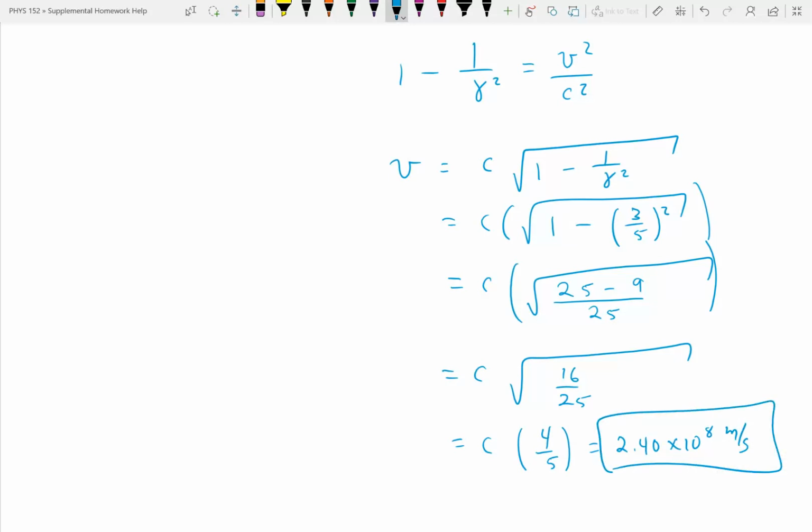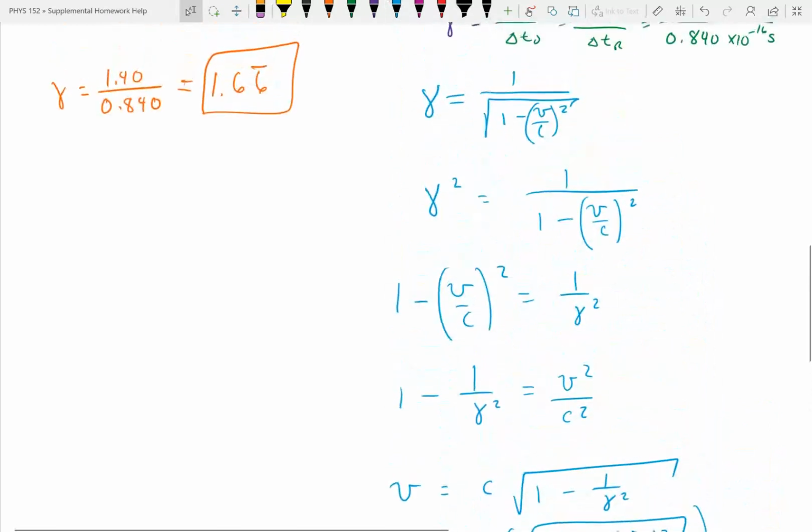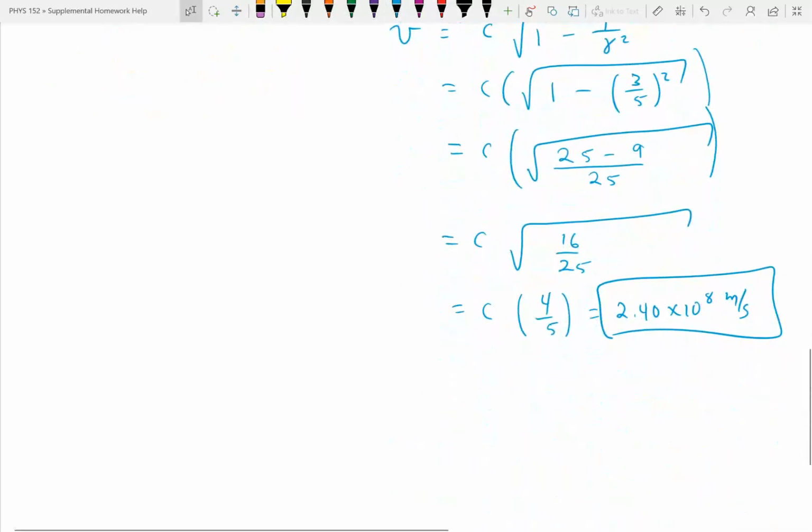That's exactly how I wrote it. Yeah, that's exactly what it says right here. So, assuming that I can do math in my head, which is always a rough assumption, we have the speed is 2.40 times 10 to the 8 meters per second.